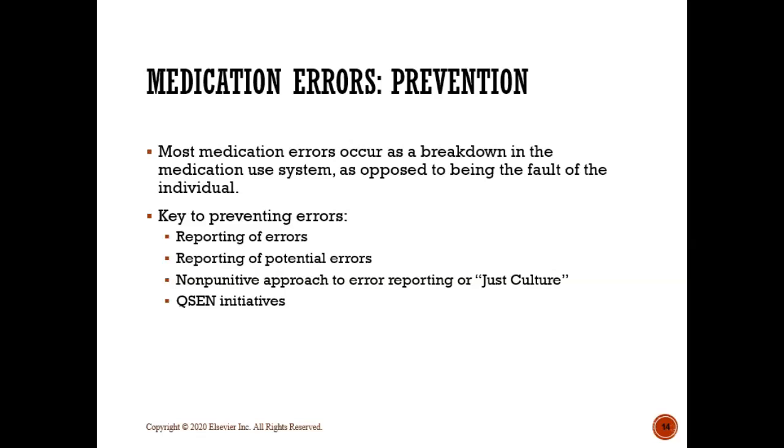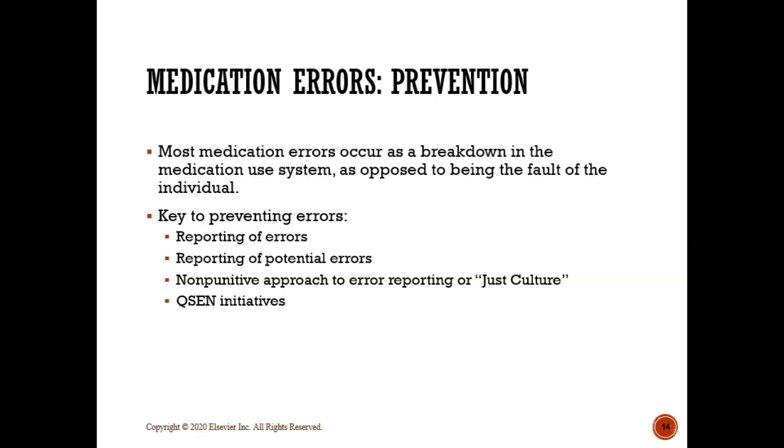A lot of the time it's because of something wrong with the system, not necessarily some nurse's negligence. So most medication errors occur because of the system not working. A break in the system, something is not working right. And it's not always the nurse's fault, right?